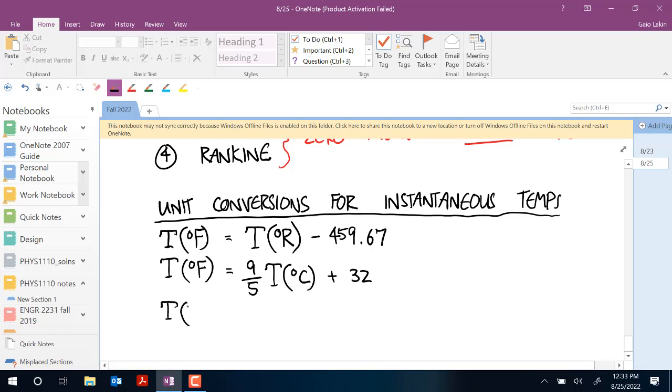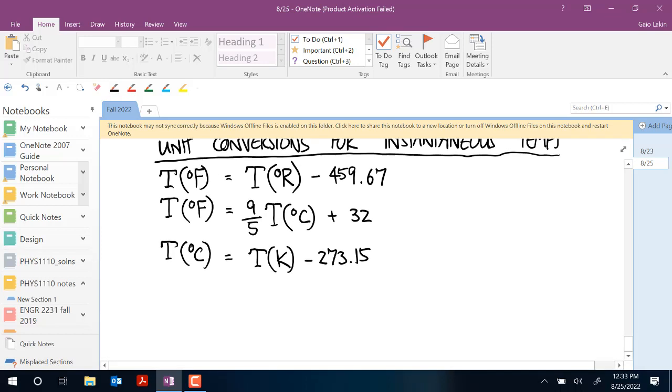And temperature in Celsius is the temperature Kelvin minus 273.15. Or in other words, absolute zero is negative 273.15 degrees Celsius. Okay, so with those three, you can get around from any unit to any other unit of temperature.